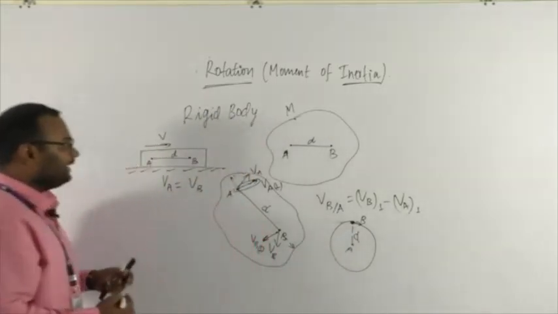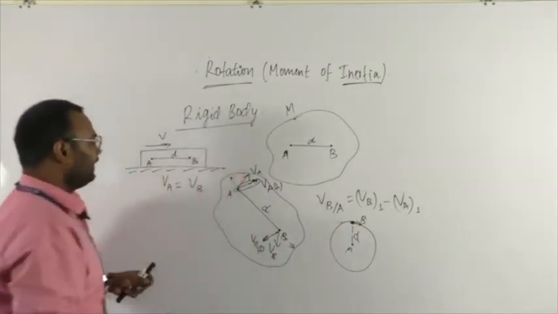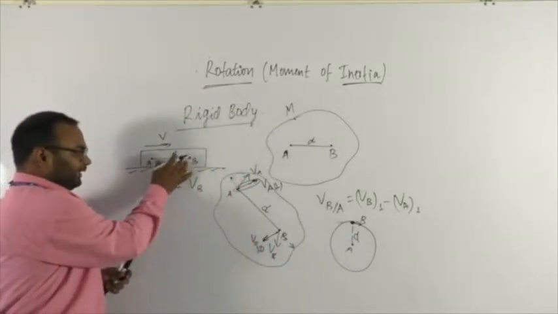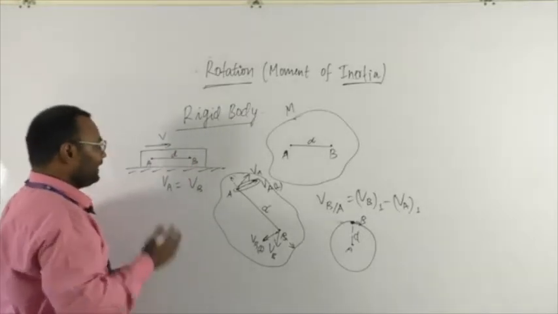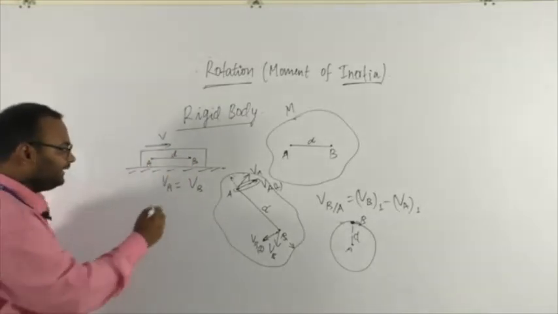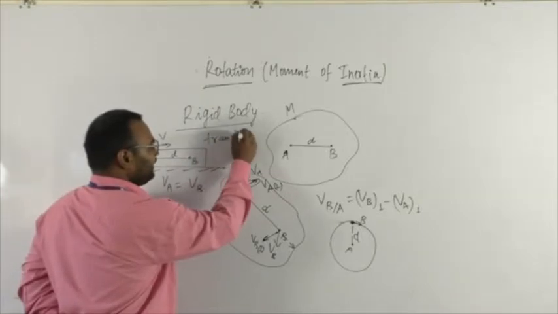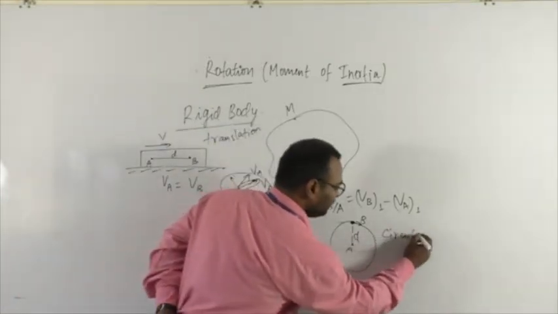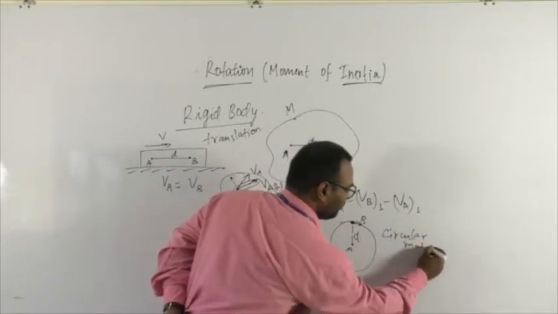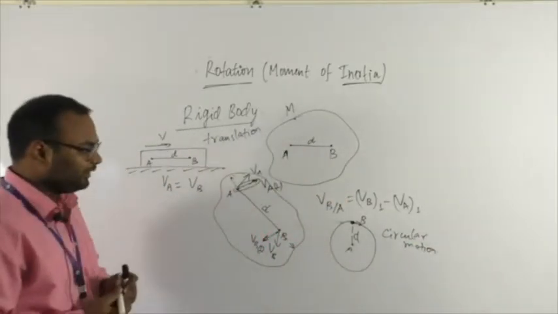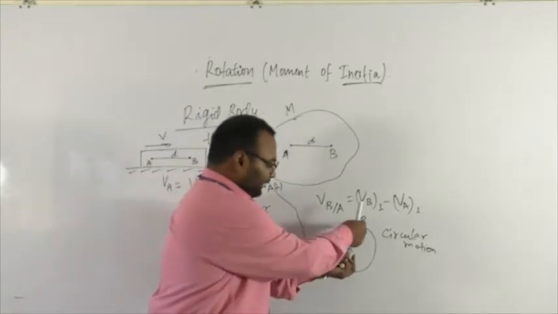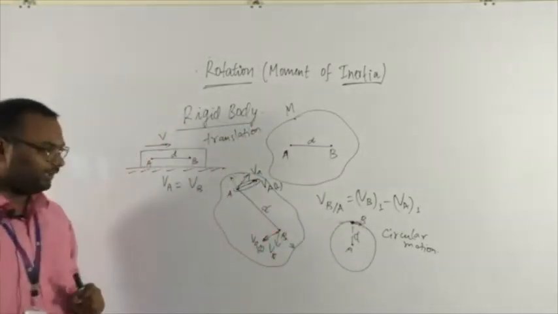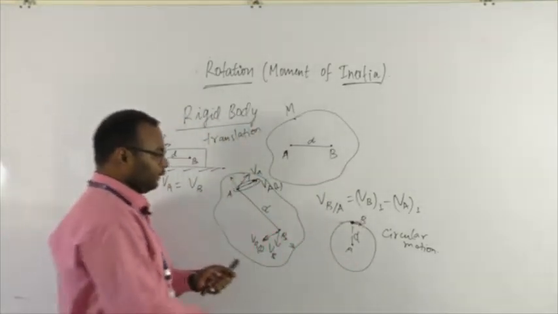Then we can say that for a rigid body, the distance between two particles is fixed. Then those particles either go in translation or they go in a circular motion. These two are the possible conditions when you take two particles of any rigid body. So from there rotation comes.